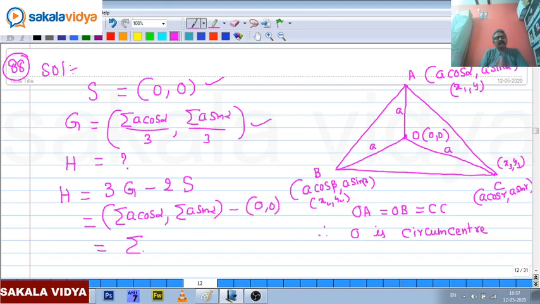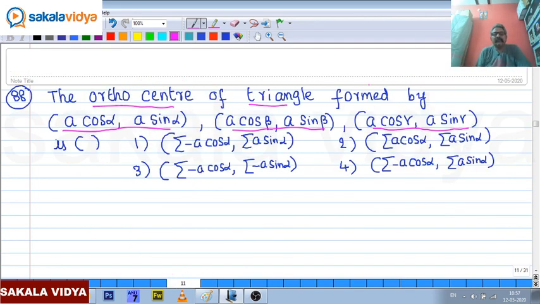So we get sigma a cos alpha, sigma a sin alpha. So that means this is the orthocenter. That means second option is the right option. Here actually first option and fourth option are same, changed like this, minus a. So obviously second option.